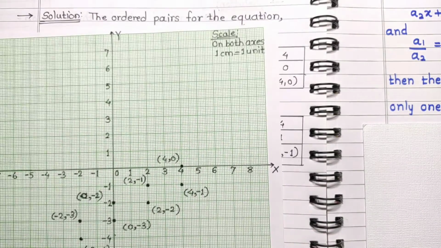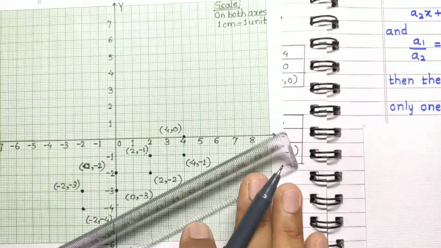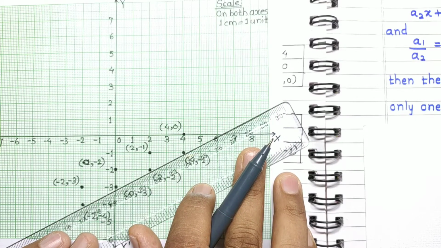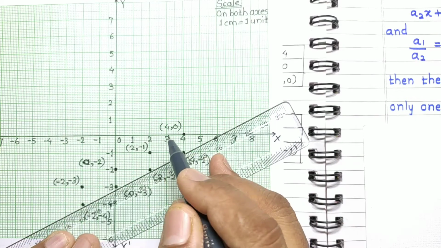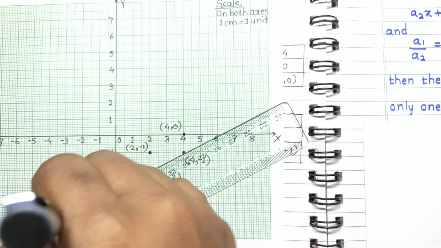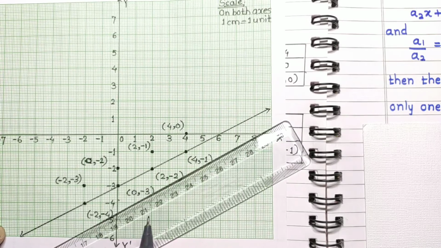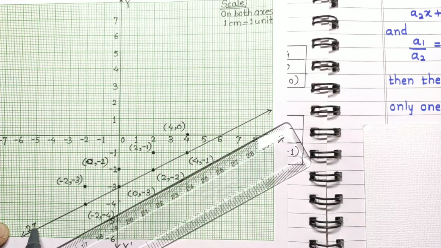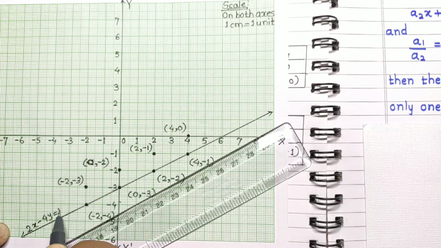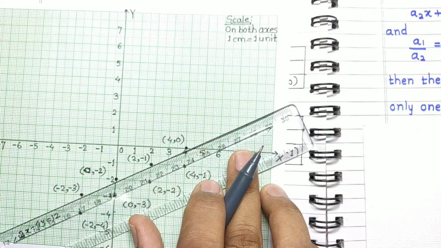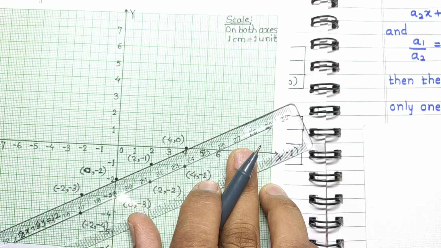Okay, so let's draw these two lines. Line passing through these 4 points. See, this is the second line. You write down equation here. It is 2x minus 4y is equal to 12, and the first line is passing through these 4 points.